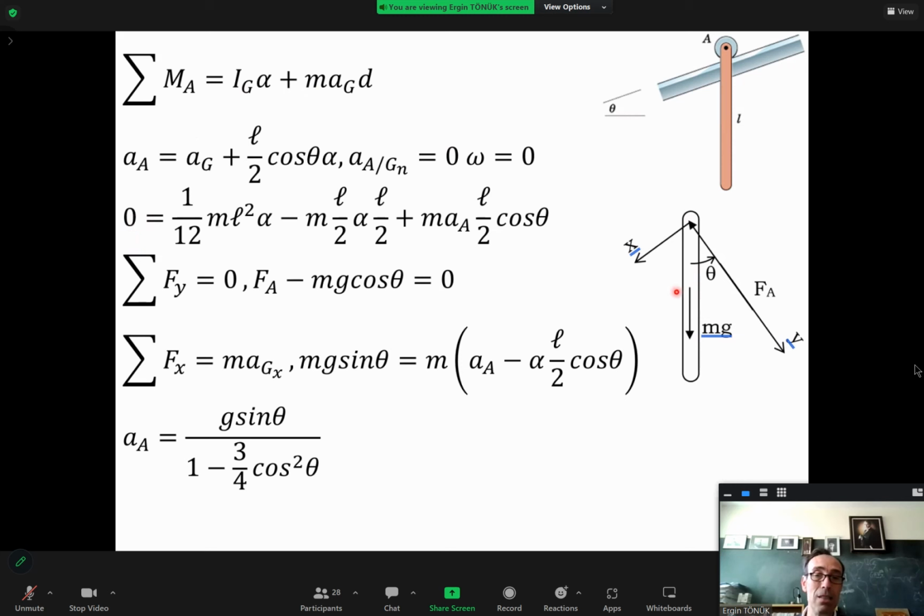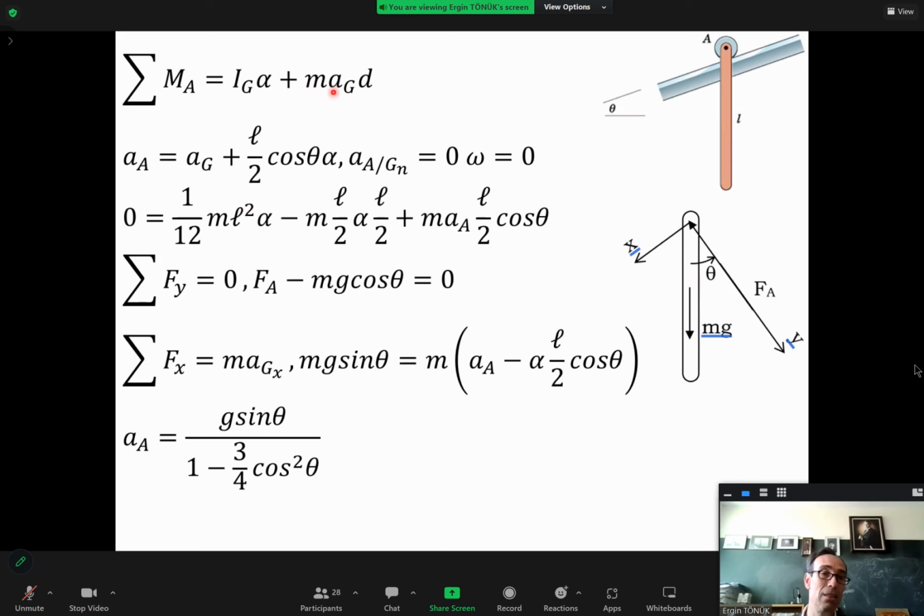And for a slender rod, the mass moment of inertia about the mass center is 1 over 12 m L squared, which is tabulated in the book, okay? So we can get this from the book, times alpha. Then I have to calculate m a_G and then take its moment about the mass center.